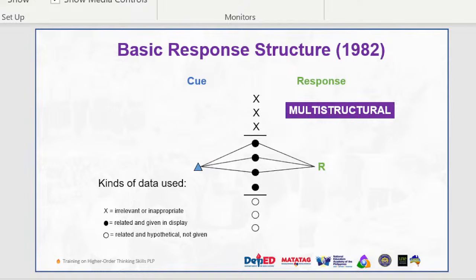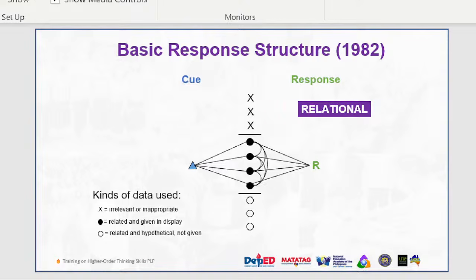In the multi-structural, the learner was able to pick up more than one bit of information, related information in providing a response. In the relational level, the learner is able to pick more than one bit of information.